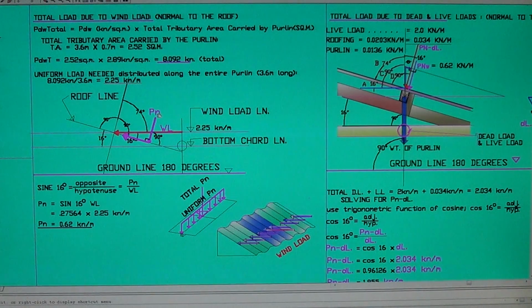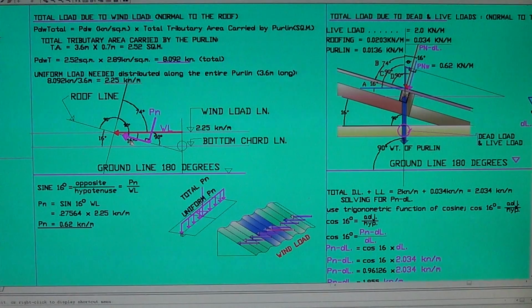We need that load normal to the roof. The wind load is considered to be an inclined load: any load applied to an inclined surface is an inclined load. The roof is the inclined surface.